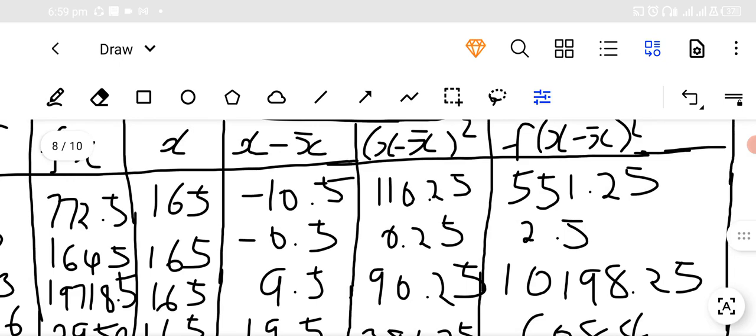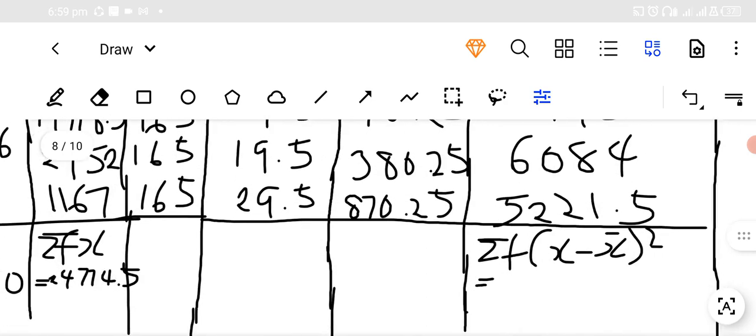So that's what we have ended up with. As you saw there, we were squaring, then we multiply by the respective frequencies.